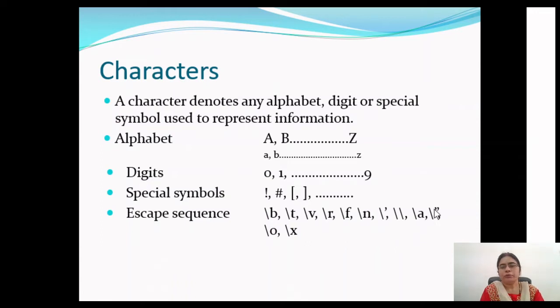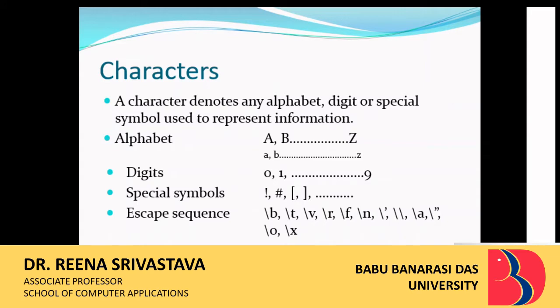Double quote, we will see it later on, is used to represent a string. A string is basically a sequence of characters enclosed in double quotes. So now if we want to print a double quote, we need to specify it with the help of slash double quote.